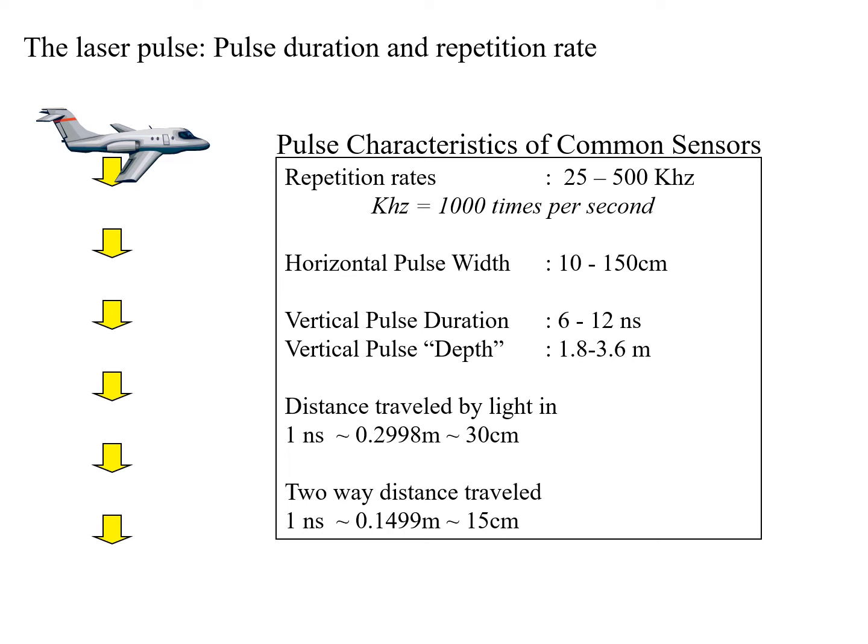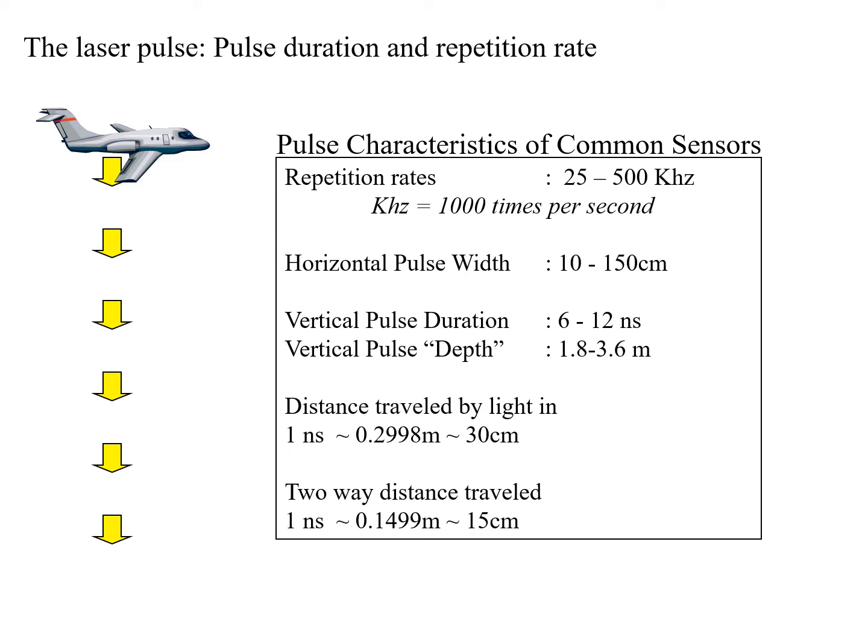So what about these pulses? Well, the technology for these pulses has increased incredibly. The lasers have gotten so they can emit more pulses in the same amount of time, and they're shorter duration. I just want to go over some general rules of thumb. How many pulses can you create per second?